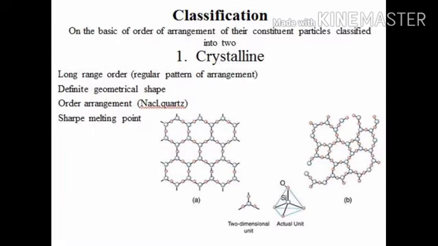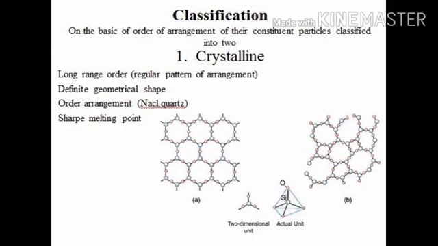We will discuss the classification of solids. Solids can be classified on the basis of the nature of order present in the arrangement of constituent particles into two parts. One is the crystalline solid, another one is the amorphous solid.